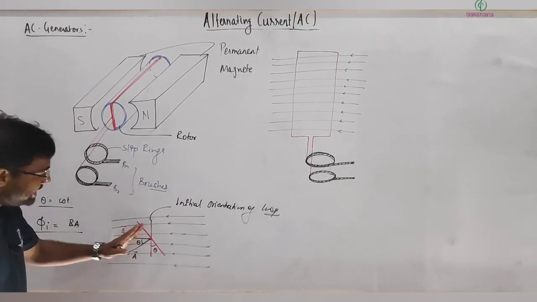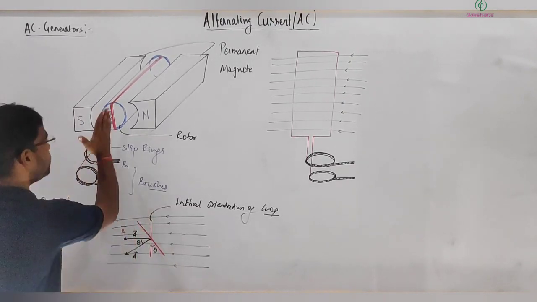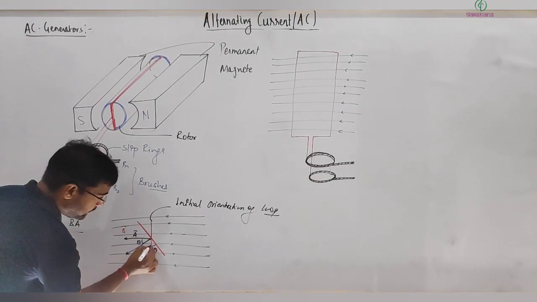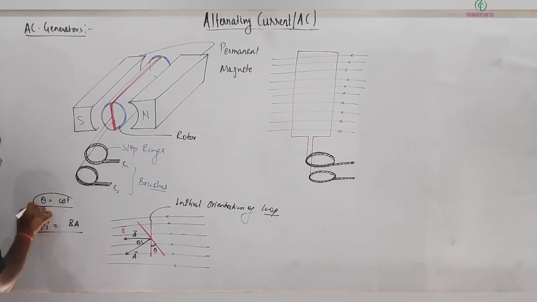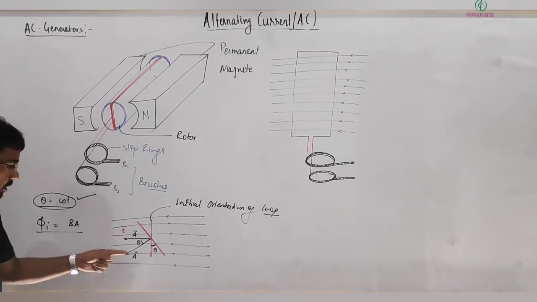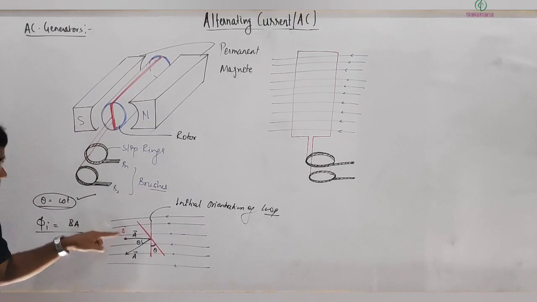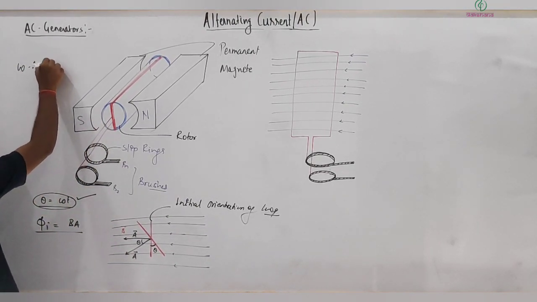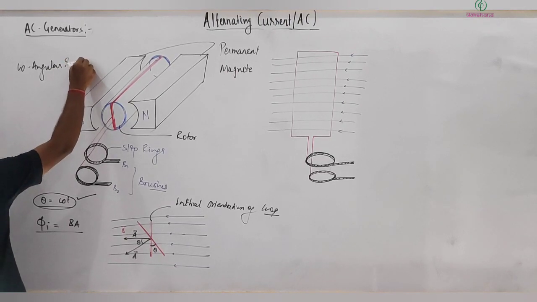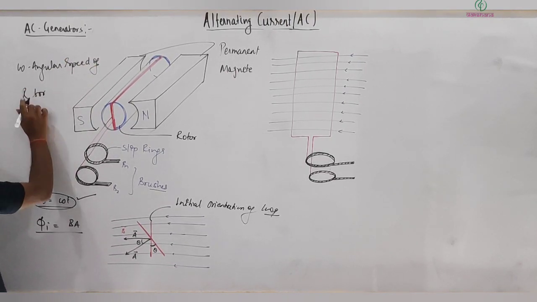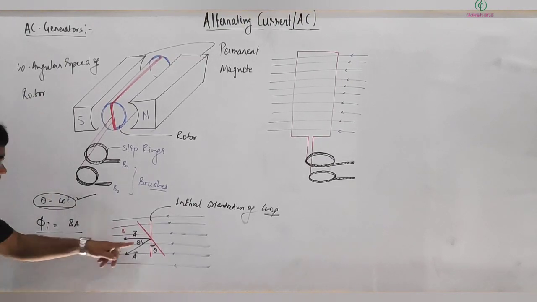Clear? But because it's rotating with some angular speed, at time t I can add the angle theta through which it has rotated. Theta is equal to omega into t, where omega is the angular speed of the rotor, with which this rotor is rotating.